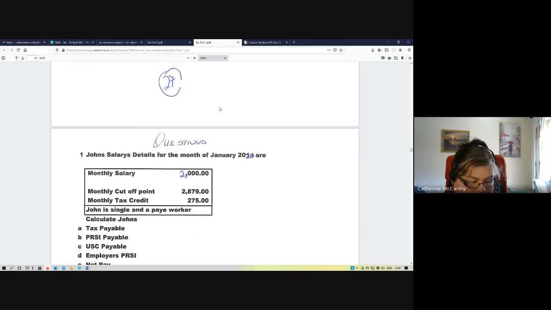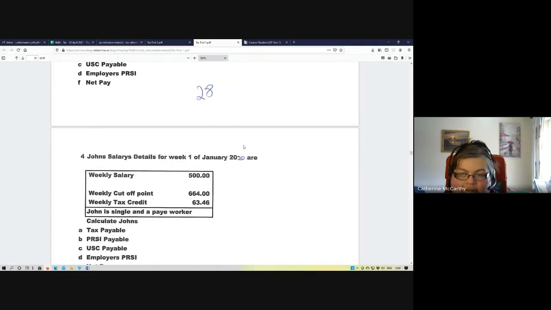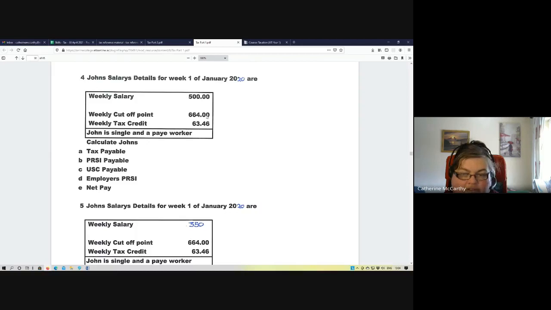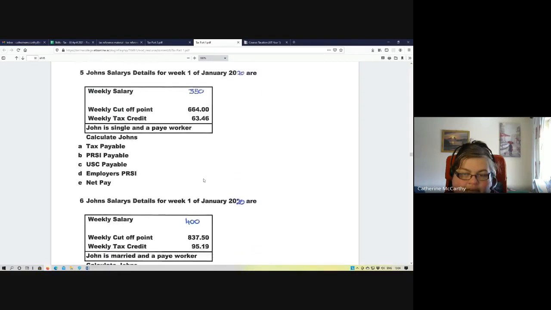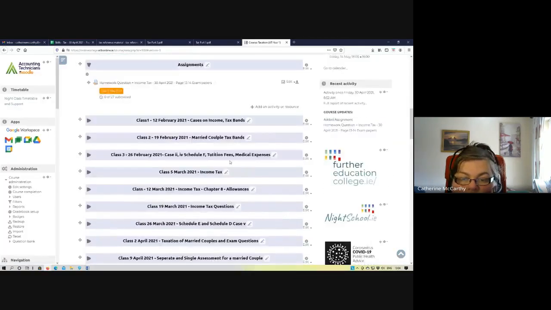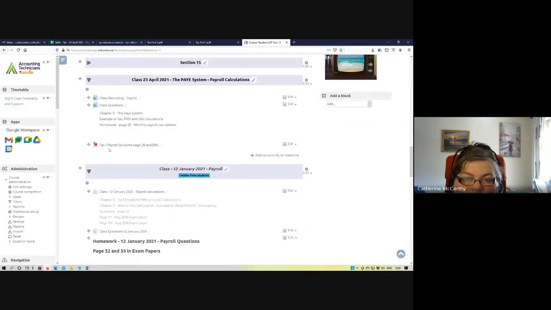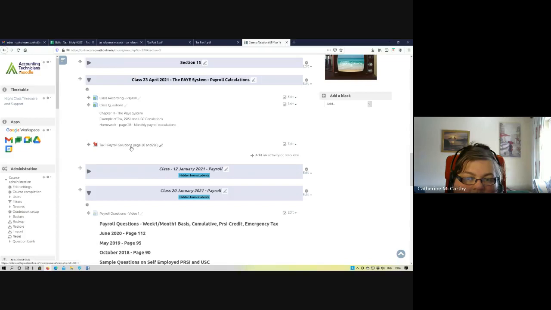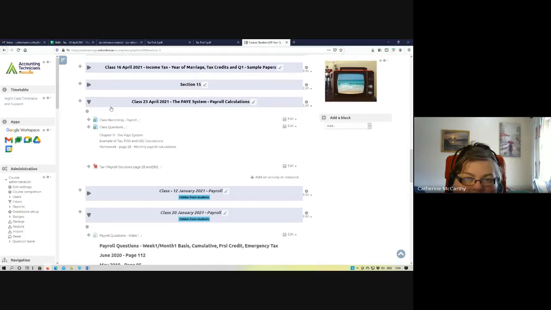On page 29, there are weekly pays with a weekly salary, and a weekly salary with the PRSI credit on it. The solutions are up on Moodle under the payroll solutions for 28 and 29, but I can bring them up into this week's one as well, so you'll have it.